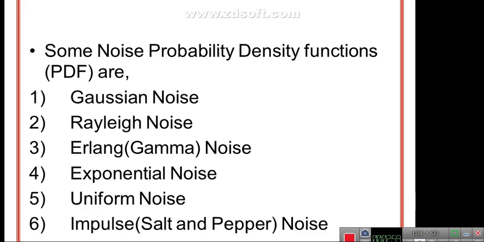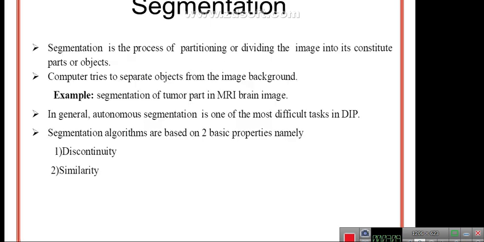Some noise probability density functions are Gaussian noise, Rayleigh noise, Erlang or gamma noise, exponential noise, uniform noise, and impulse noise, which is salt and pepper noise. Using restoration techniques, we can recover the original image from the degraded image.